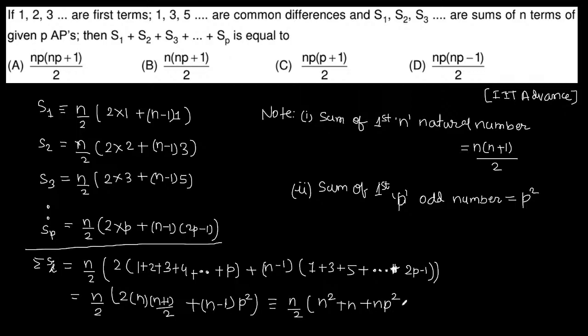We have some issue here: this is up to p, so it will be p, not n.